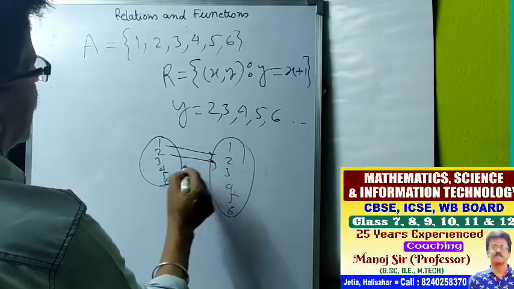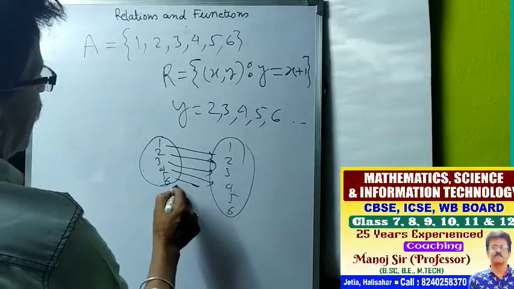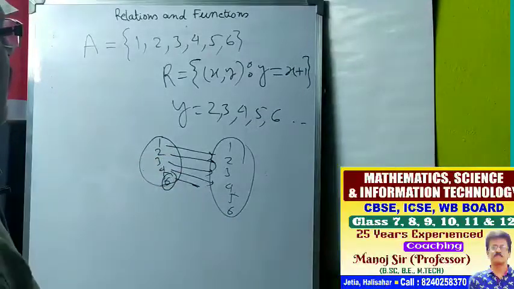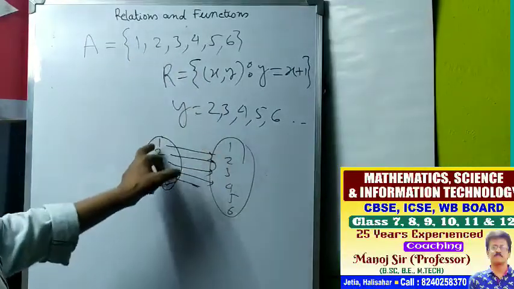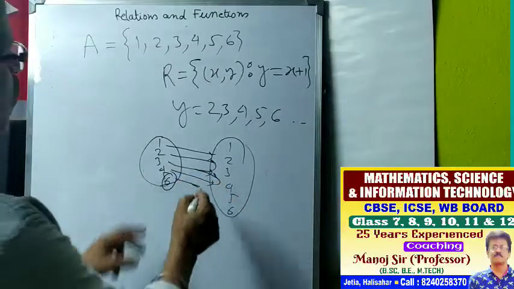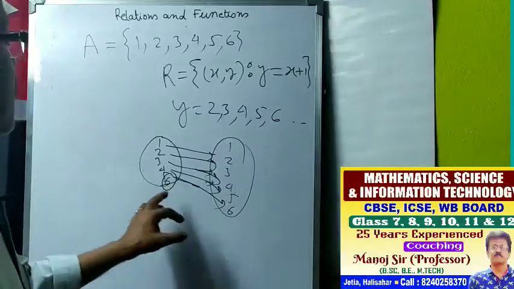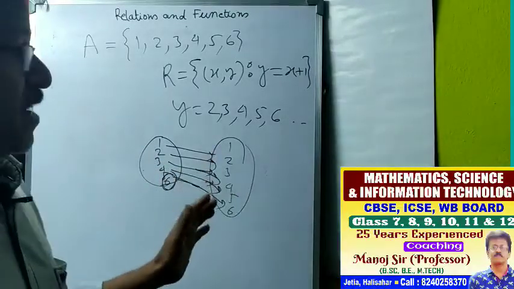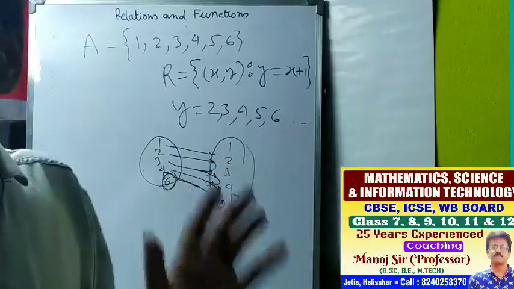If we convert the relation into a function, we can see the mapping: 1 to 2, 2 to 3, 3 to 4, 4 to 5, 5 to 6. But in the case of 6, there is no exact image in Y. So we can't say this is a function.